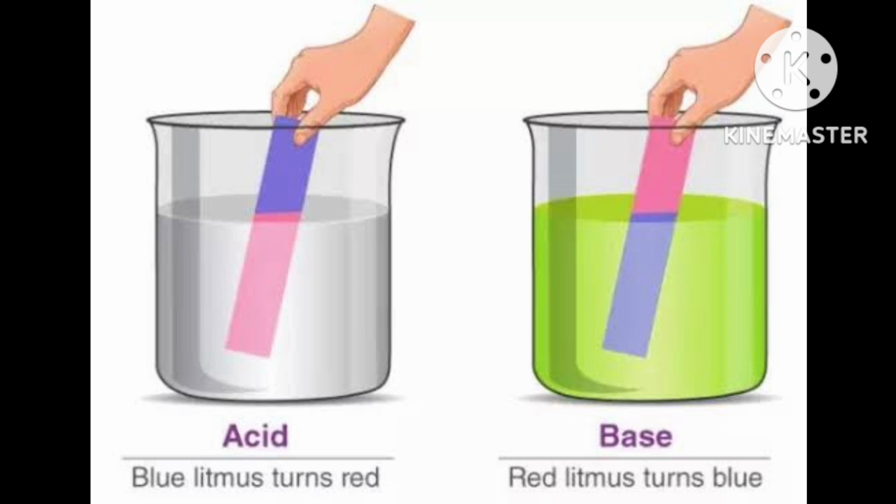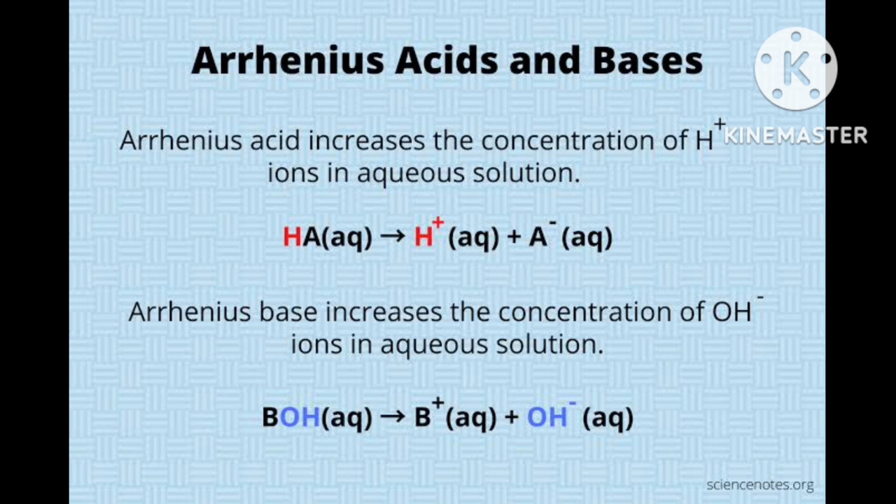According to the Brønsted-Lowry theory, an acid is a substance that is capable of donating a hydrogen ion, and bases are substances capable of accepting the hydrogen ion, meaning H plus.